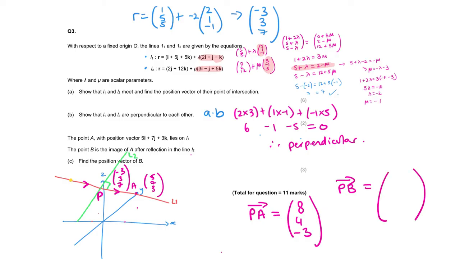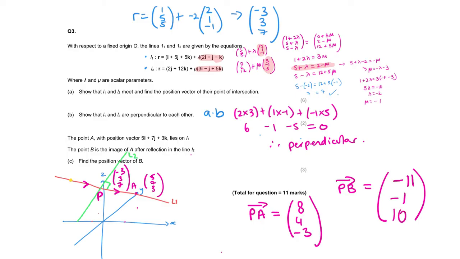So here we go. I'm going to do minus 3 minus 8, which is minus 11. I'm going to do 3 minus 4, which is minus 1. And then 7 minus 3 is 10.